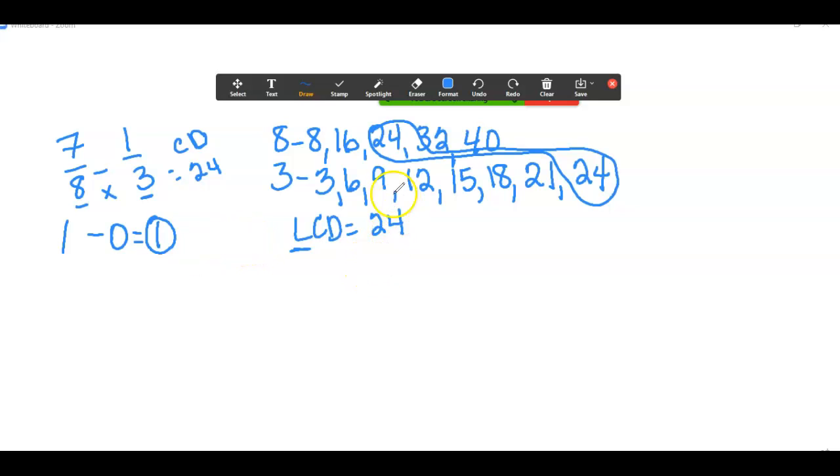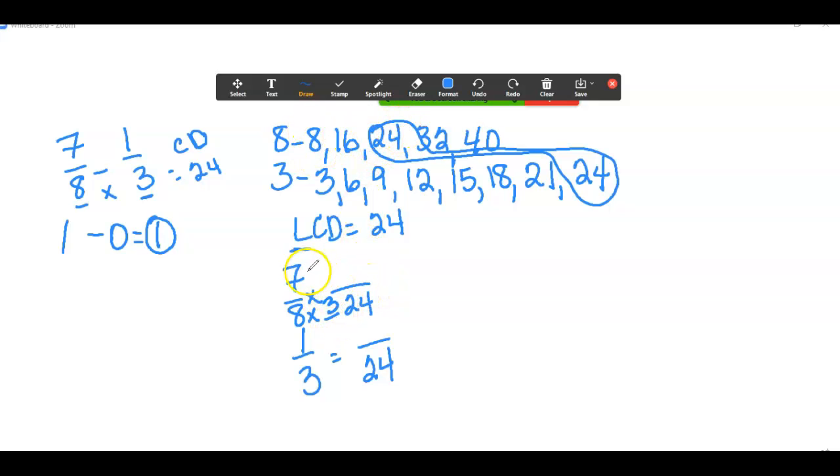Okay. Now that I know my LCD, I want to change to equivalent fractions. So I'm changing to 24ths. 8 times what is 24? Well, 1, 2, 3.